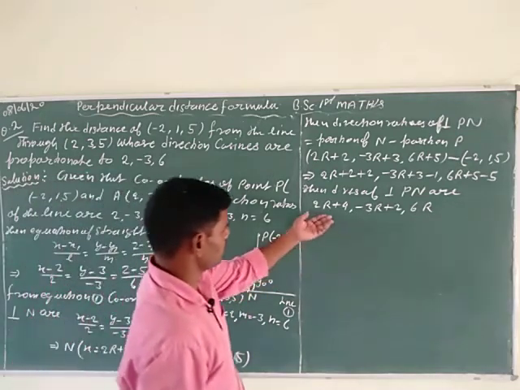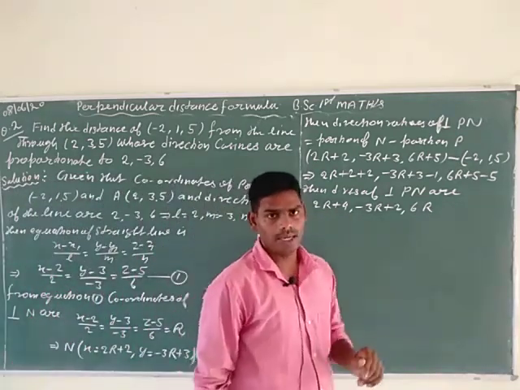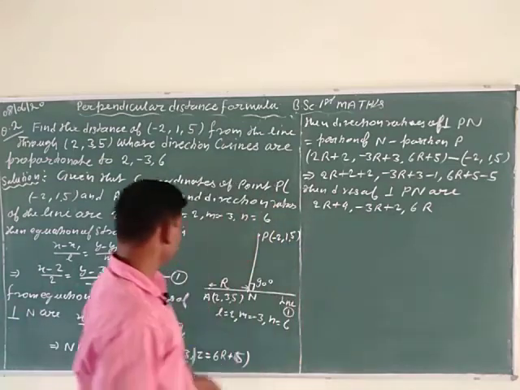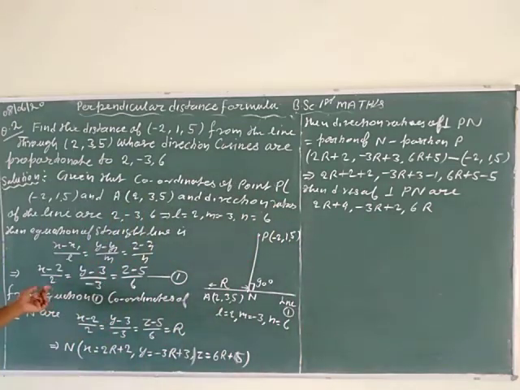These are the direction ratios of the perpendicular line PN, and the direction ratios of the given straight line first are 2, minus 3, 6.